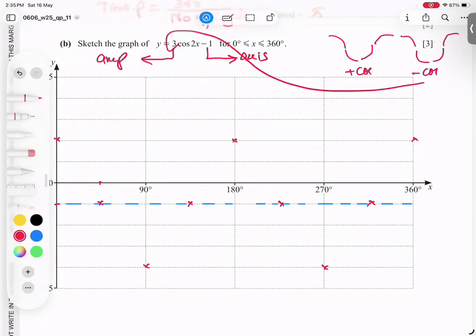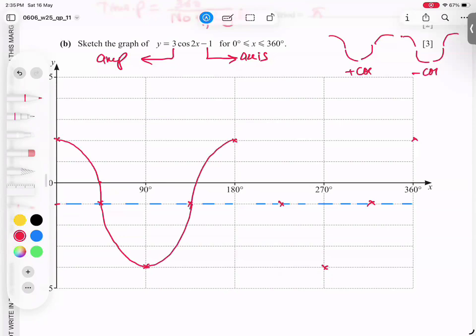Now we have a positive amplitude. That is why I'm making it here. So I hope the concept of the question is very clear, and question number 1 is done.